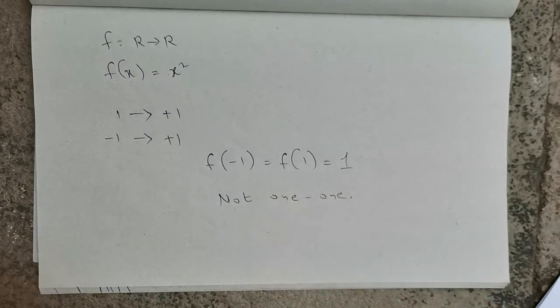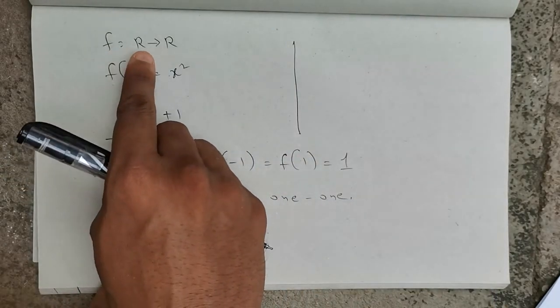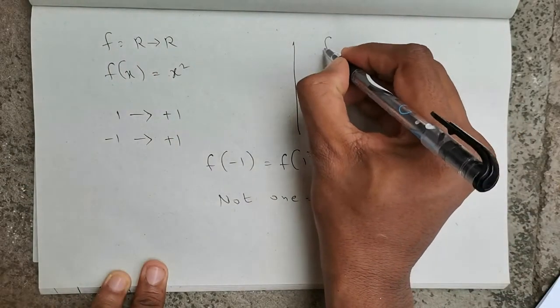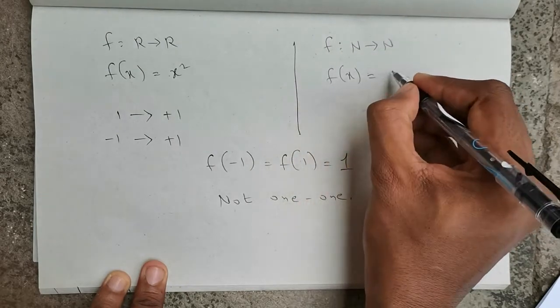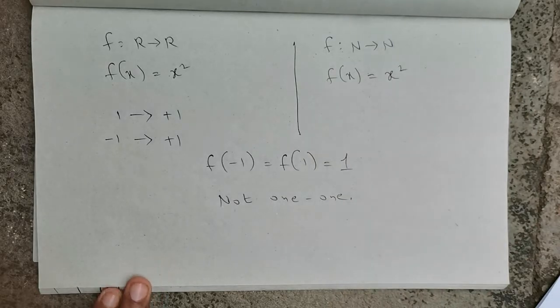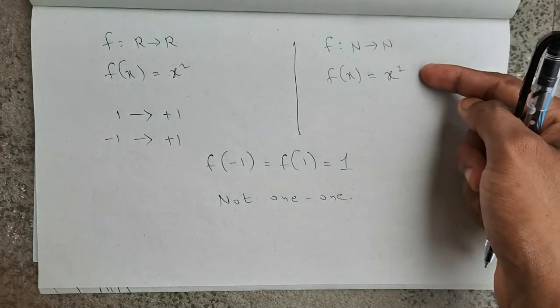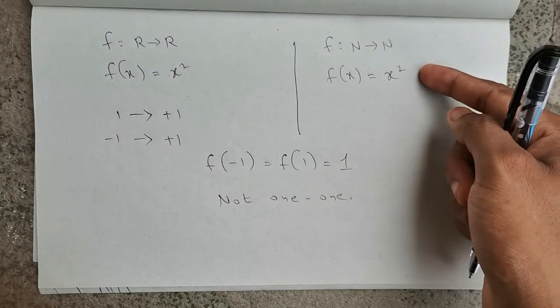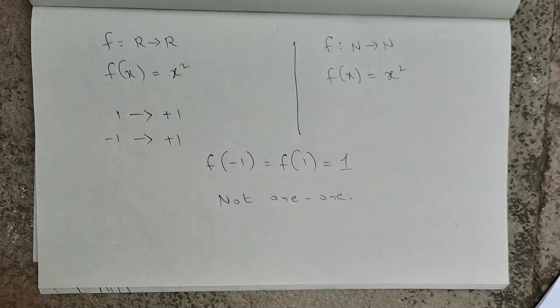Now the same example he did, instead of taking a function from R to R, he is taking a function from N to N, and it is defined by f of x is equal to x square. Now check whether this function is 1 function or not. Natural numbers to natural numbers only.